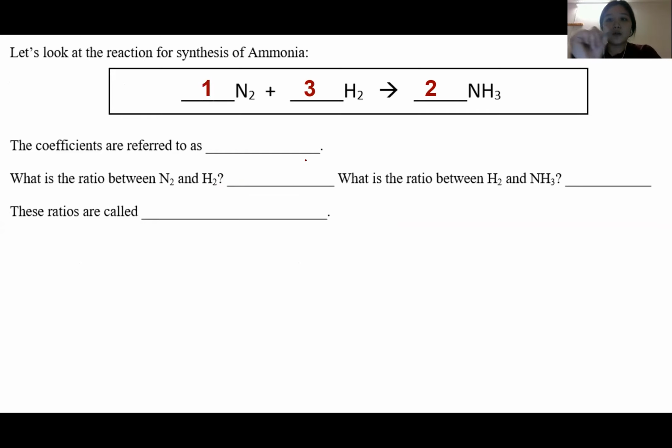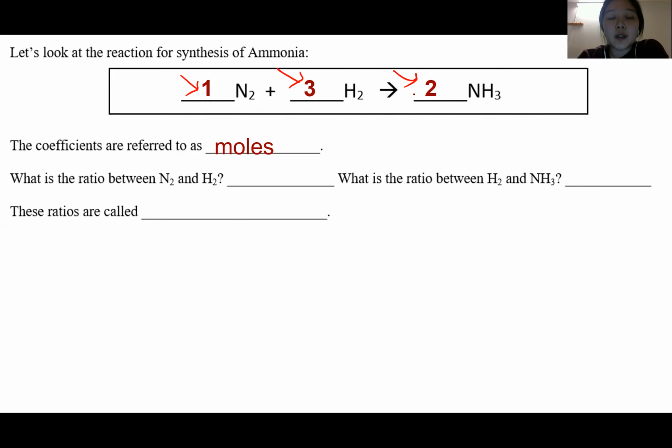These coefficients we're now going to call moles. So 1 mole of N2 reacts with 3 moles of H2 to produce 2 moles of NH3.